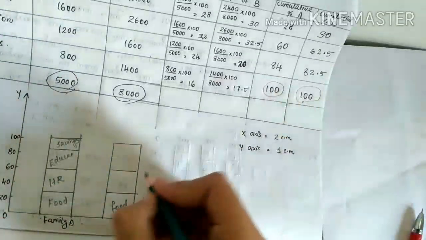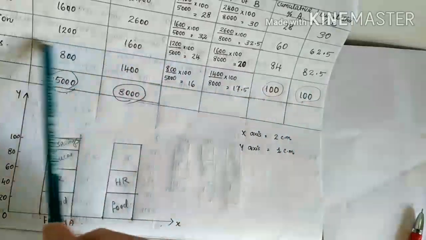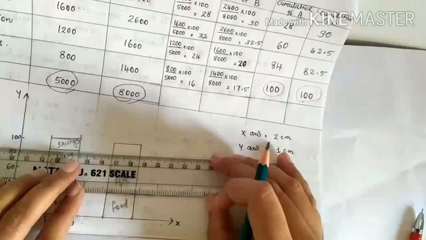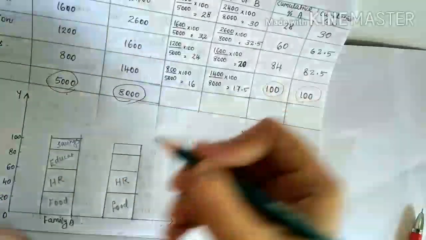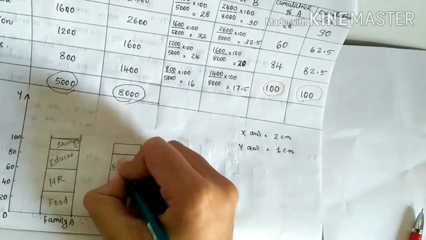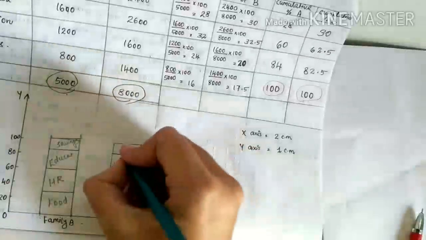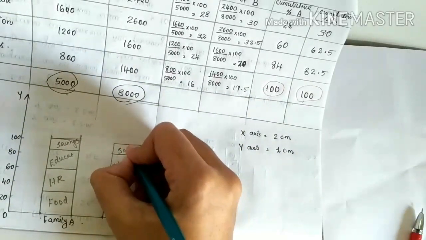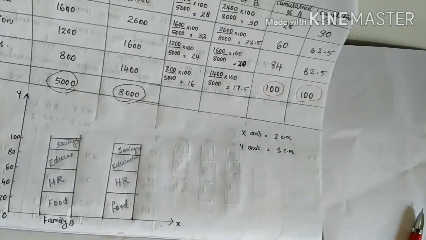So it shows house rent. And 82.5 for education. And the remaining portion is savings. So this is the procedure for drawing a percentage bar diagram.